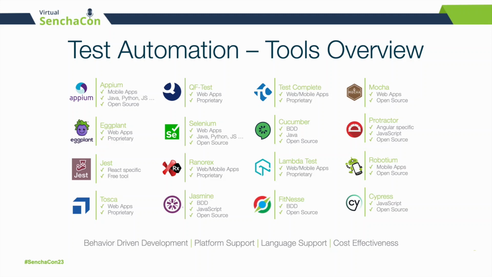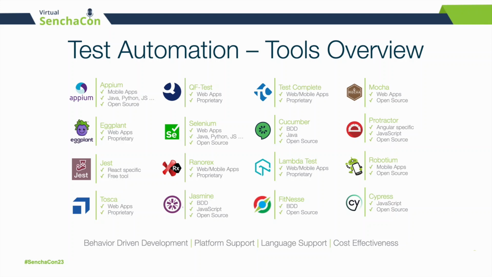These are a few automation tools which I have handpicked and which can be categorized under different factors. A few tools are based upon development methodology like behavior driven development. These can be used when we are adopting the BDD approach.